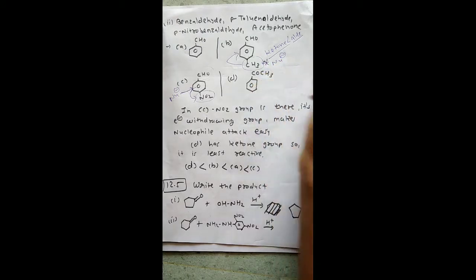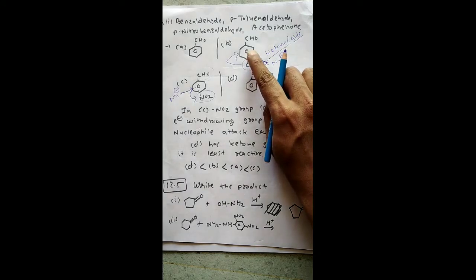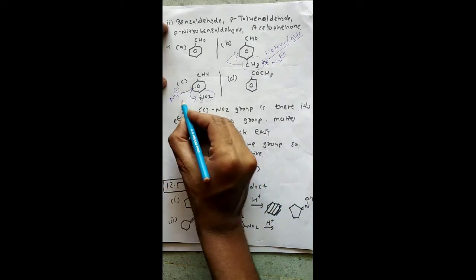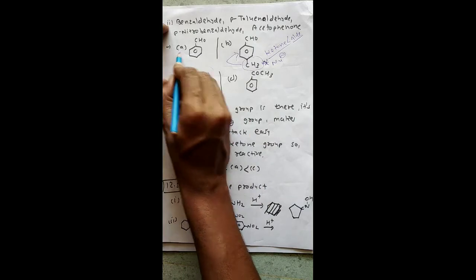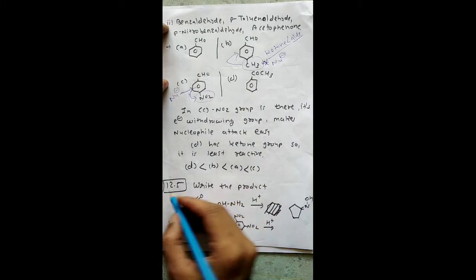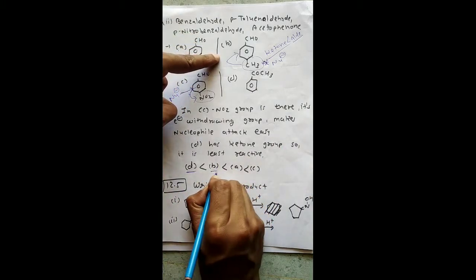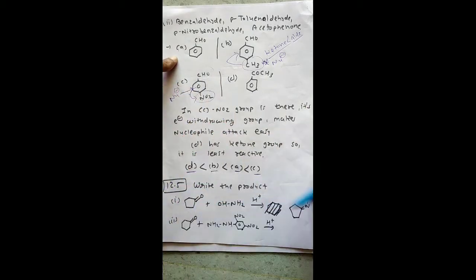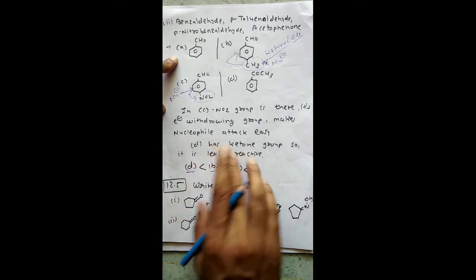It is not easy to attack when an electron donating group is there in your structure. So our most reactive species will be C, then A, then B, and the last one is D. So D is least reactive, then B, then A, then C. C is the most reactive species. C, A, B, D if you change the sign.